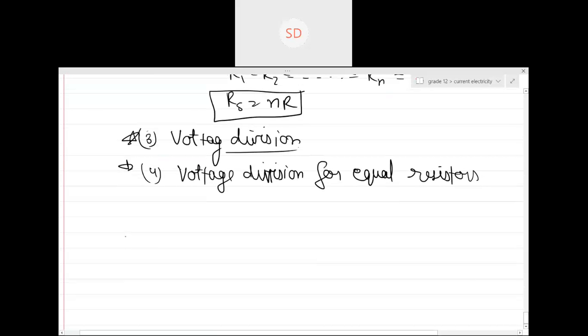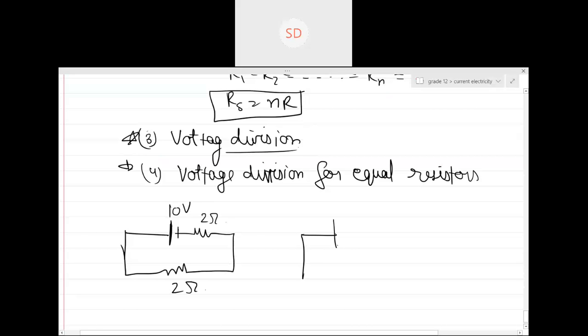Suppose, guys, I have this example. Can you see two different circuits?